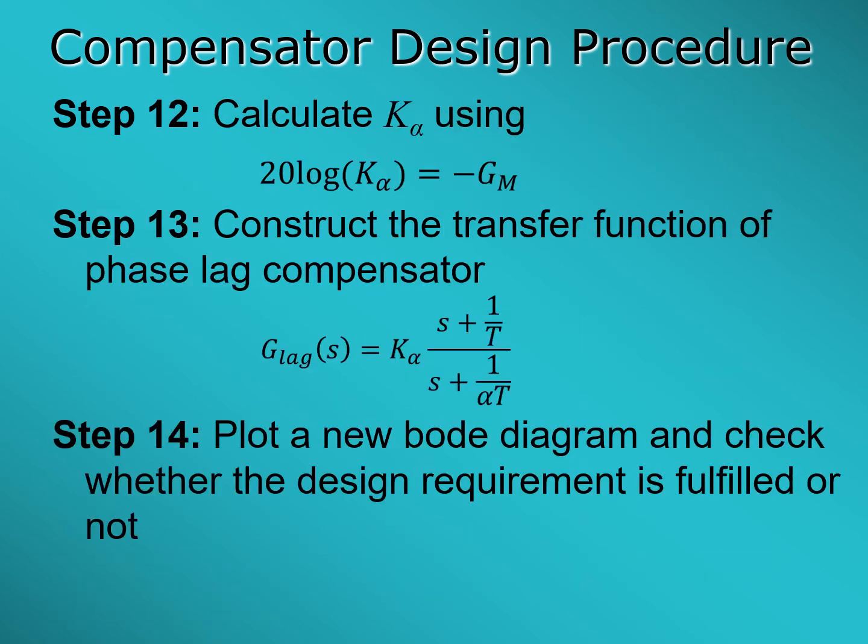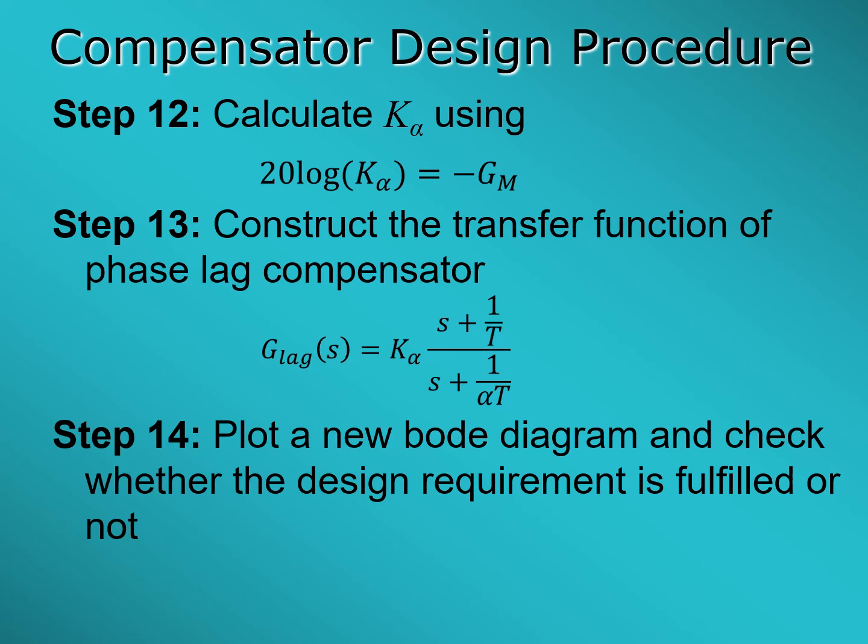Alright, so then step number 12, calculate K alpha. Okay, where K alpha, you use the information from the minus Gm. 20 log K alpha equals minus Gm, so then you can calculate the value of K alpha.